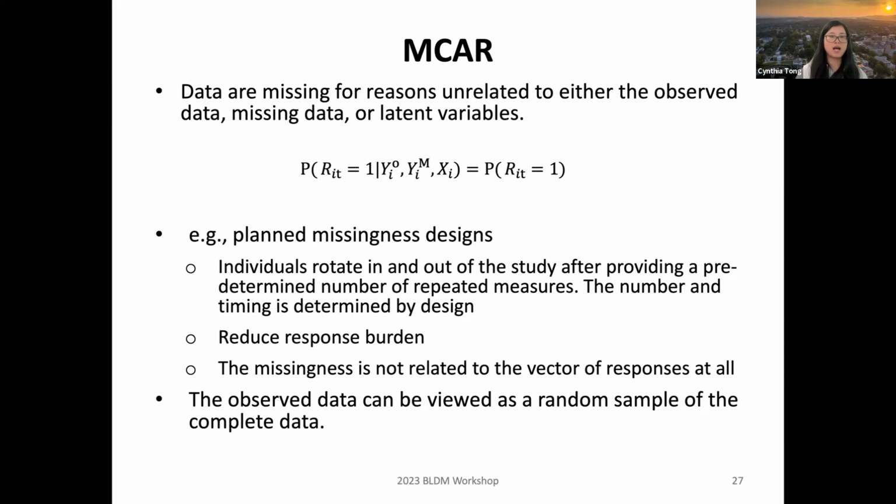The number of timings is determined by the design, so it's missing completely at random. Planned missingness design is just used to reduce the response burden, and because the missingness is not related to the vector of responses at all, it can be viewed as a random sample of the complete data. In that case, missing completely at random data will be relatively easy to handle.